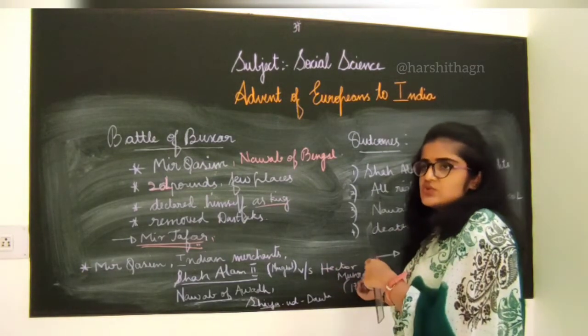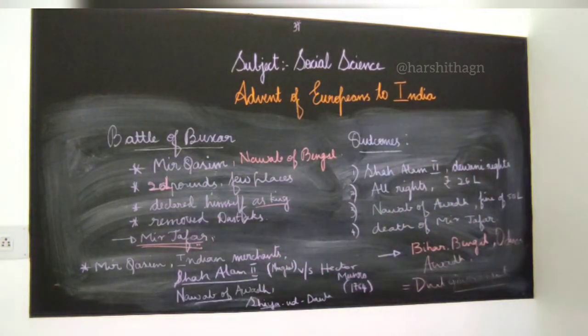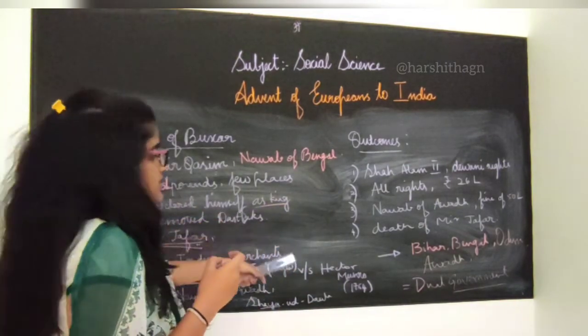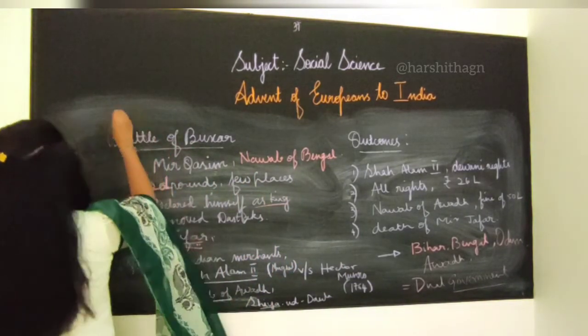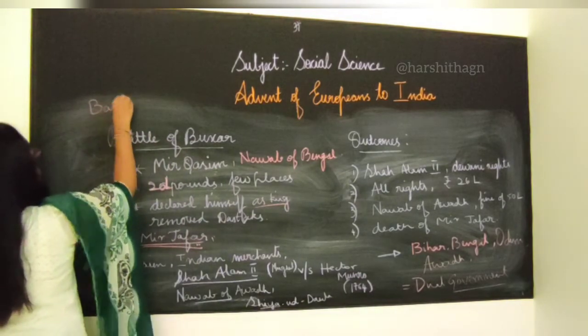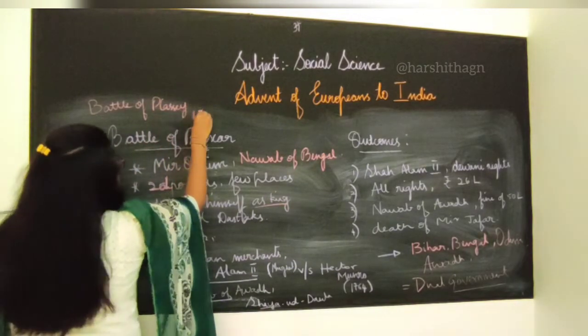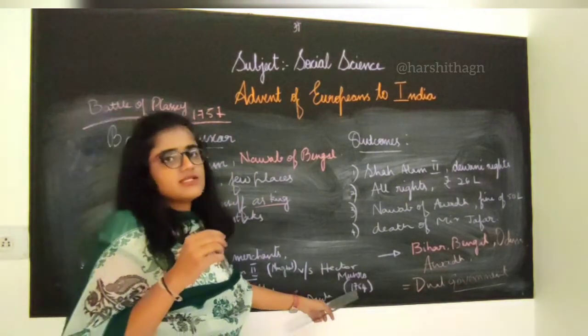Under the leadership of Hector Munro, the Britishers fought against Mir Qasim, Indian merchants, Shah Alam II and the Nawab of Awadh in 1764, and we call it the Battle of Buxar. The Battle of Plassey was in 1757. Plassey is 1757. Buxar is 1764.